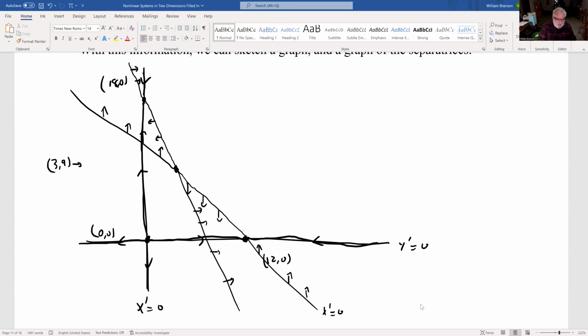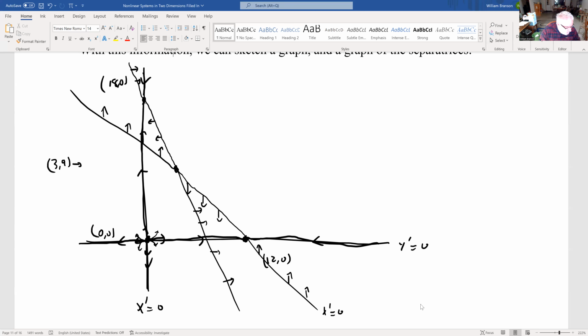Things should be coming down like this, right? You can sort of see where the arrows are pointing. And then we want to know what's going on at the equilibria. So at (0, 0), we have two eigenvalues, both positive, and our eigendirections look a little bit like that, because along the x-axis is the smaller of the two eigenvectors.